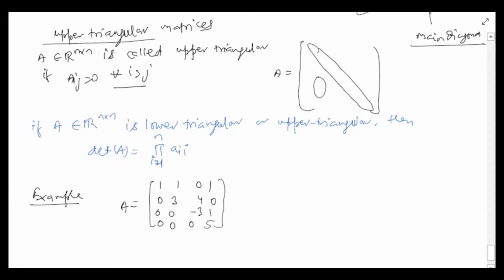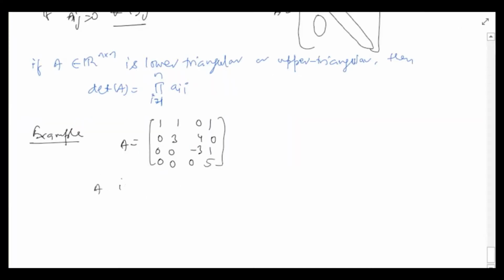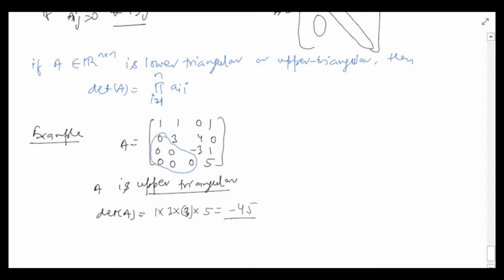Clearly this is an upper triangular matrix. Right? All entries below the main diagonal are 0. So determinant of A is, in this case, the product of the diagonal entries, that is 1 into 3 into minus 3 into 5, which is minus 45.